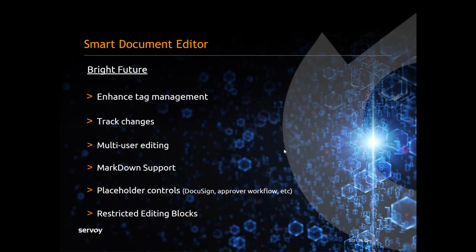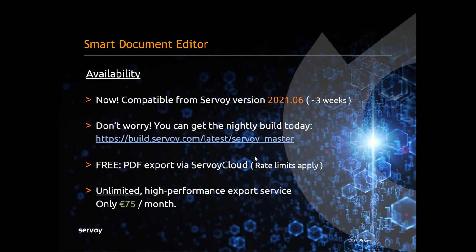So there are possible enhancements coming in the future. And certainly around the tag management, we'll be working on that right away. So this is available now. As I said, you have to get 2021.06 to do that, but you can get that now at build.servoy.com.